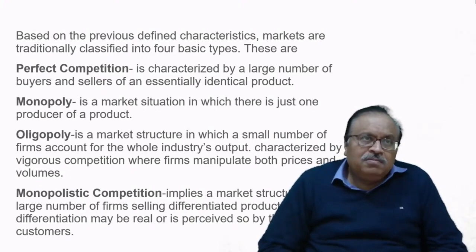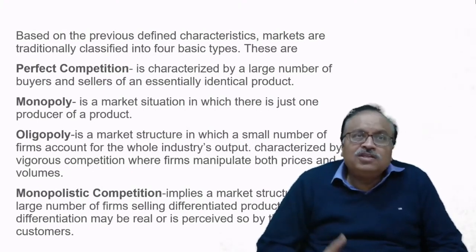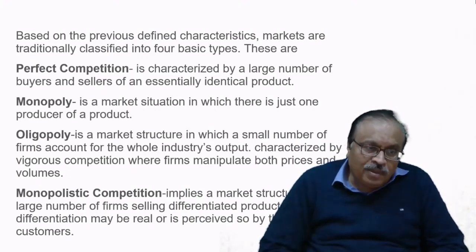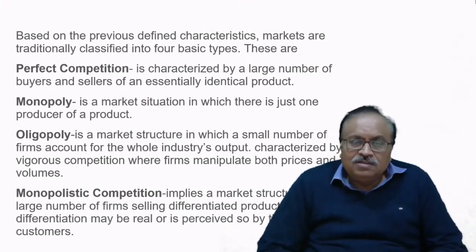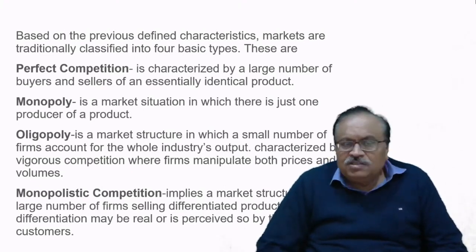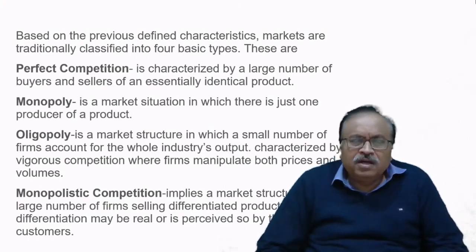They are in an oligopoly structure of the market. Then monopolistic competition implies a market structure with a large number of firms selling differentiated products. The differentiation may be real or perceived by the customers.